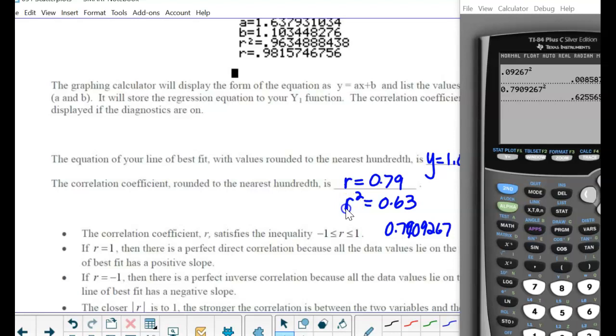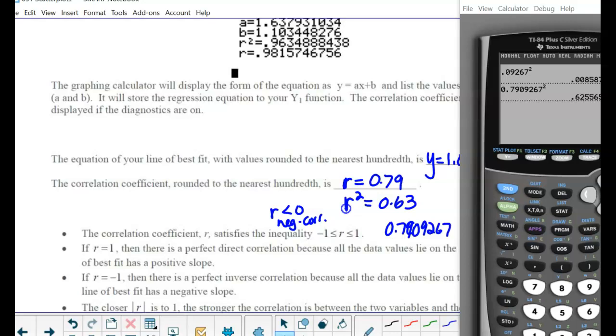That makes sense. All right, and basically r can be positive or negative. If r is negative, then it's got a negative correlation, a negative slope. If r is positive, then it's got a positive slope. So oftentimes we look at r squared because we don't really care if it's a positive or negative slope.